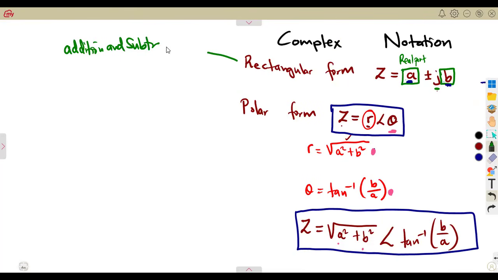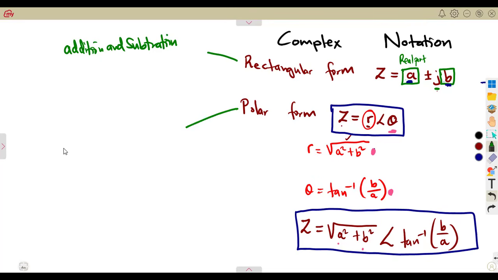Meaning to say if numbers are in polar form, you have to convert them. You are working with the circuit, but you are given values which are in polar form and you need to add. You have to convert them to rectangular form so that you'll be able to add or subtract.